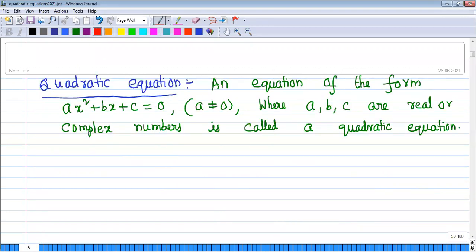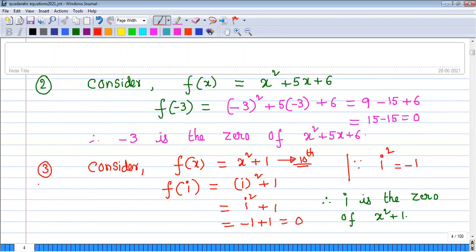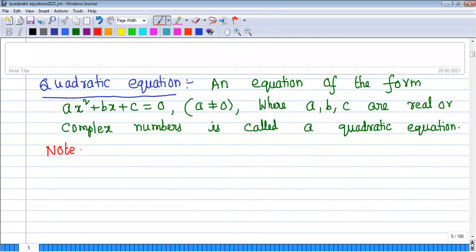Here is an important note. As far as quadratic expression or quadratic equation is concerned, the general form of the quadratic expression is ax² + bx + c, whereas the general form of the quadratic equation is ax² + bx + c = 0.